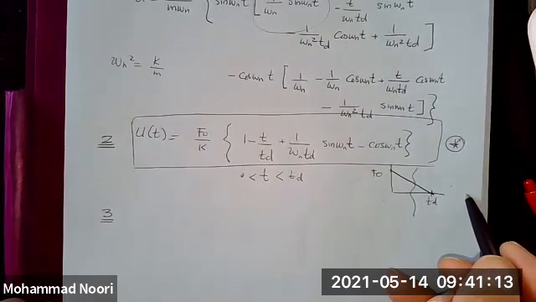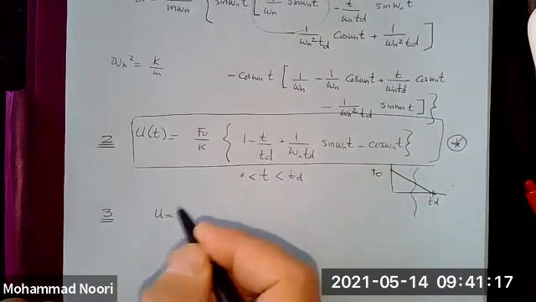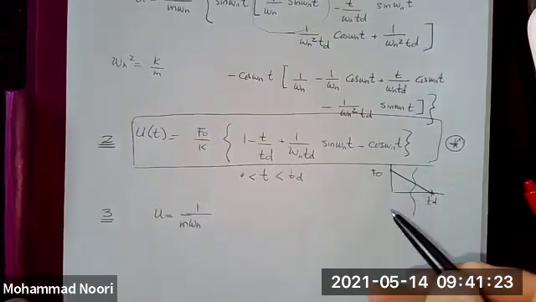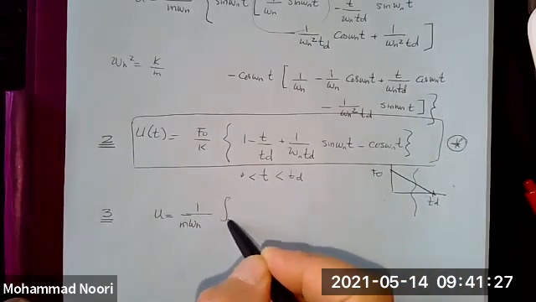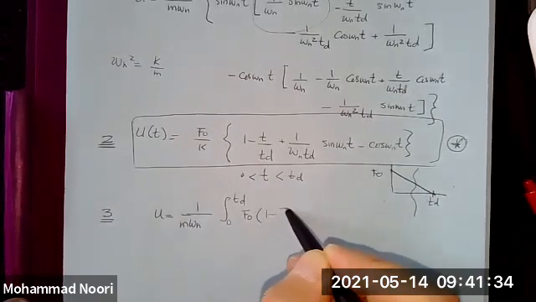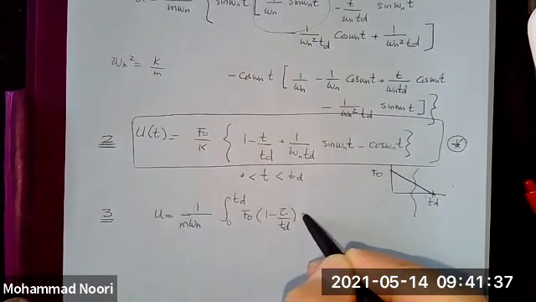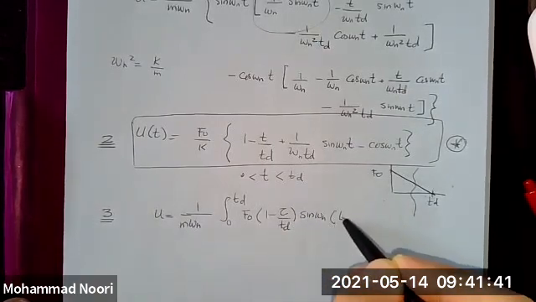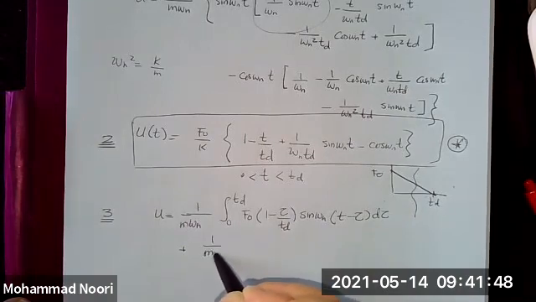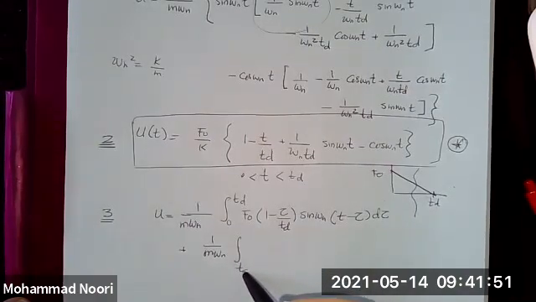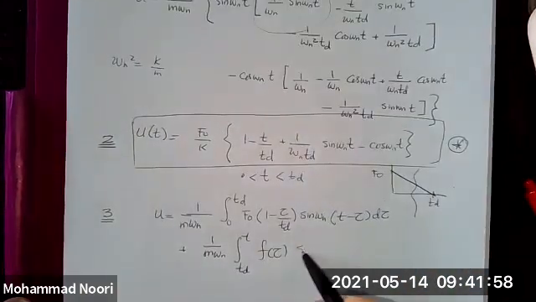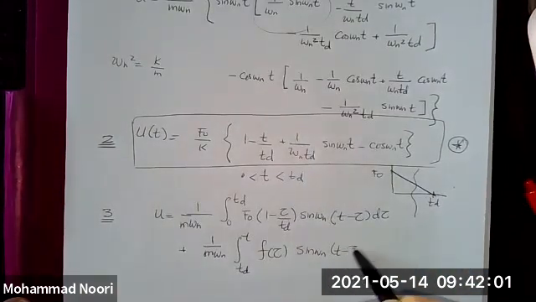If you do that, u is going to be 1 over m omega n times the Duhamel integral from 0 to t d, where obviously this is a forcing function, sine omega n t minus tau d tau, plus that integral evaluated from t d to anywhere, for that region, sine omega n t minus tau d tau.